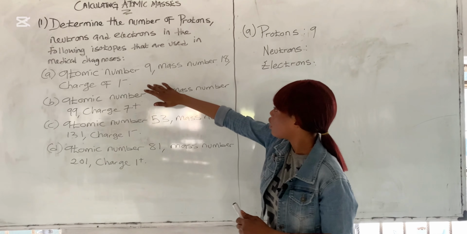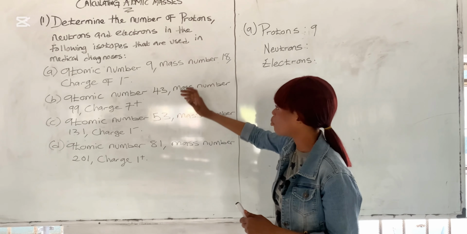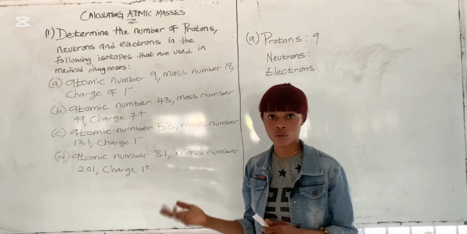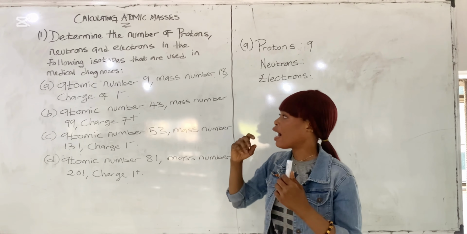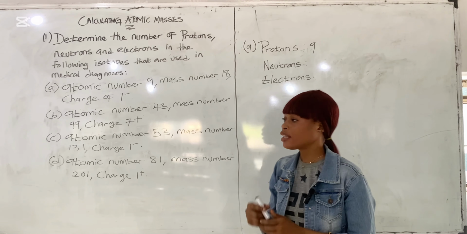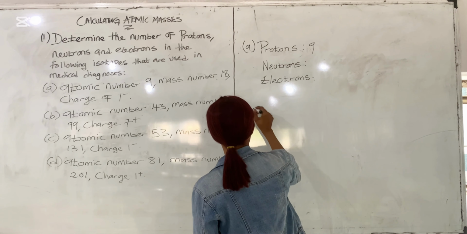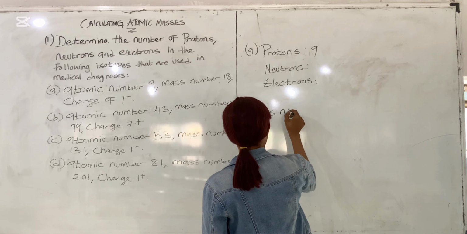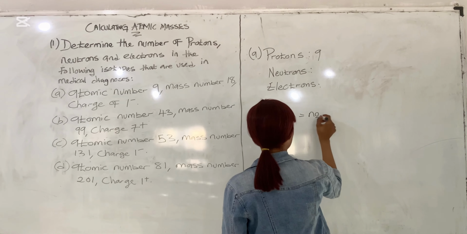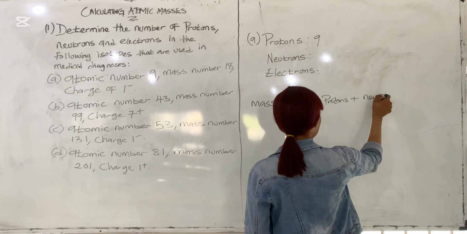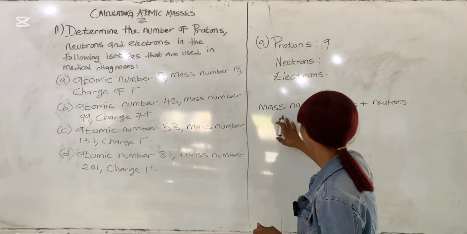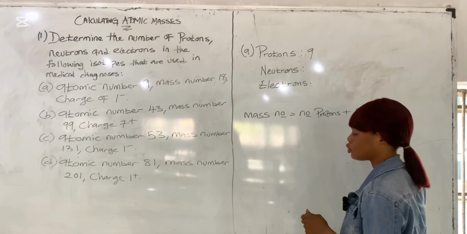Then the next one is neutrons. We are given atomic number, mass number, and a charge of -1, and we are asked to find the number of neutrons for this element. How do we calculate the number of neutrons? We know that mass number is equal to number of protons plus neutrons.